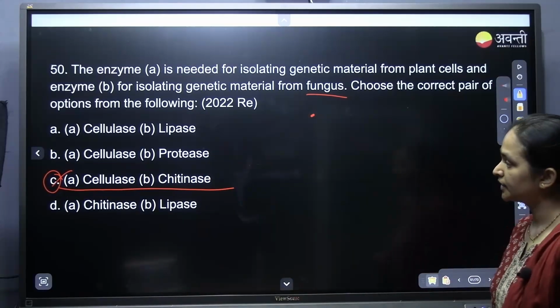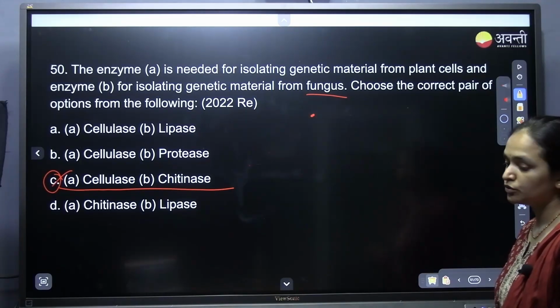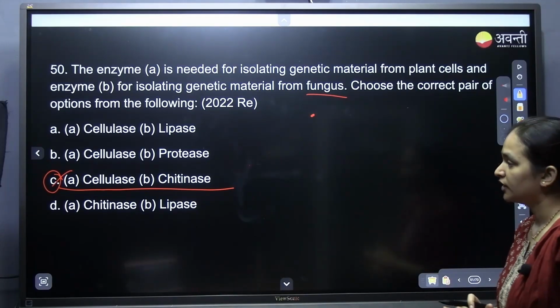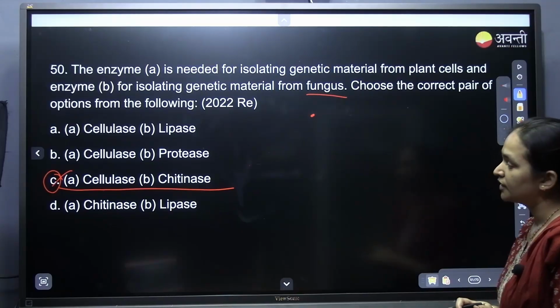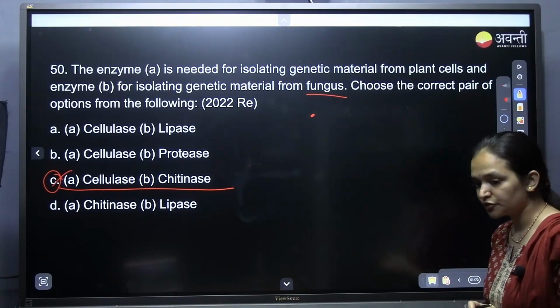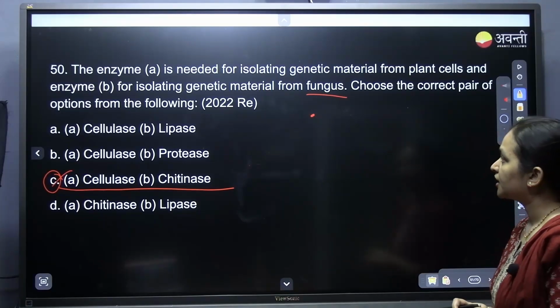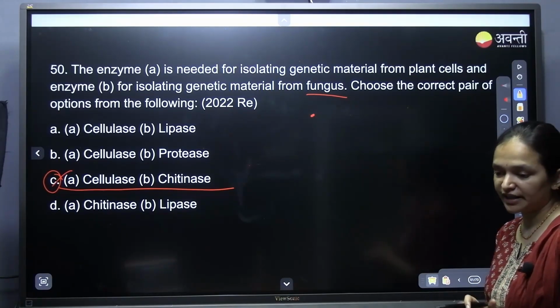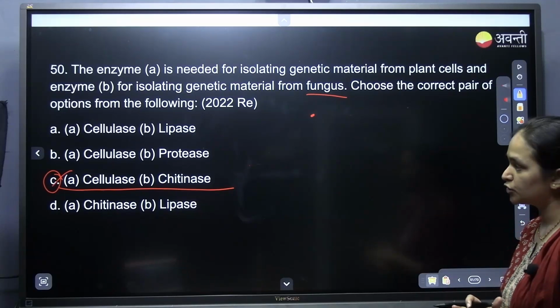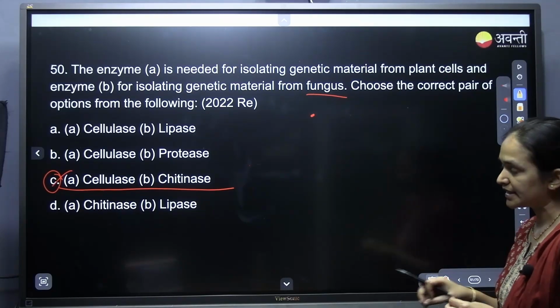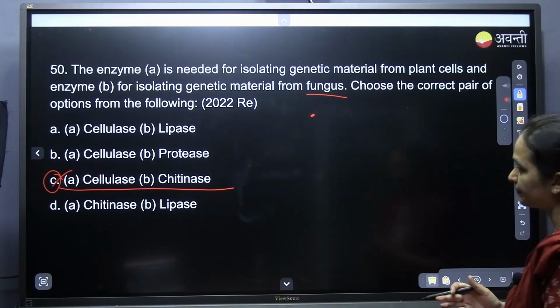For isolating, we need to break open the cell wall. The plant cell wall is made up of cellulose, so we use cellulase. The fungus cell wall is made up of chitin, so we use chitinase to break open the cell wall, because inside that we can isolate the DNA.